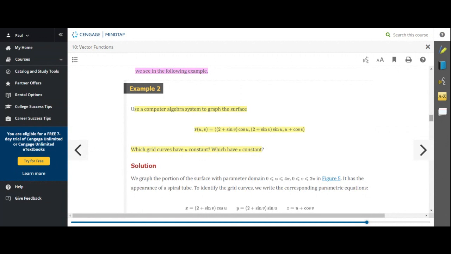Let me ask you, looking at this vector function, it's usually easier to hold one variable constant. If you were to hold the variable V constant, what would that give you?